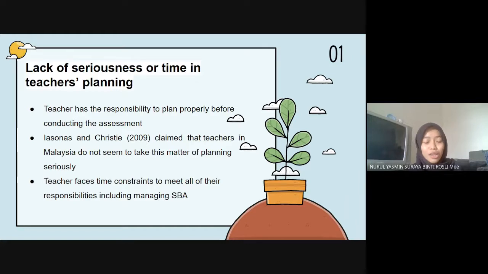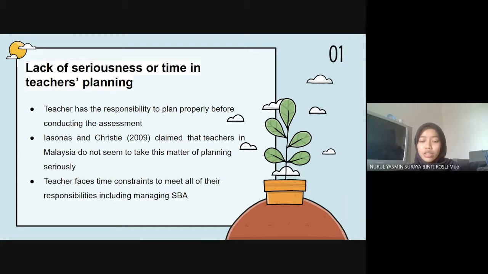And according to Isonas and Christie 2009, teachers in Malaysia do not seem to take this matter of planning seriously. From their perception, Malaysian teachers pay less attention to planning their assessment so that when they administer it, it will take place smoothly.